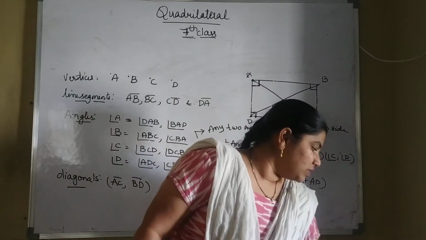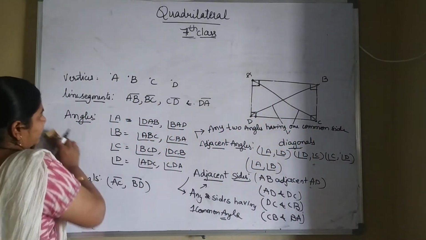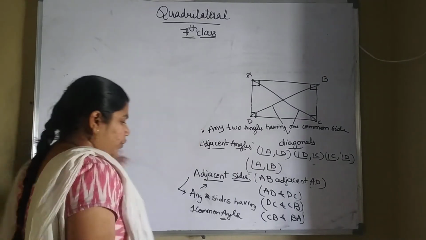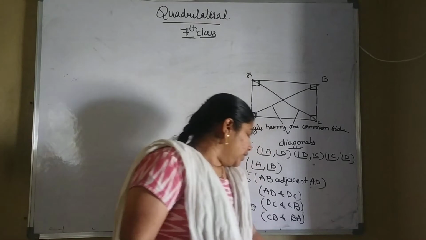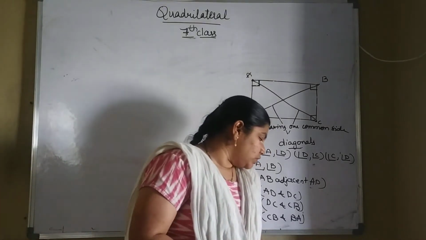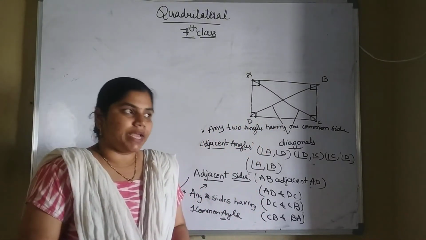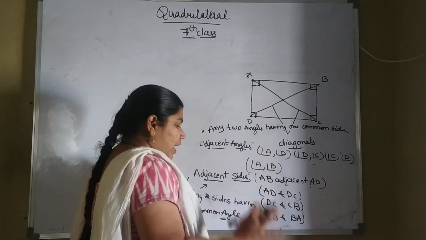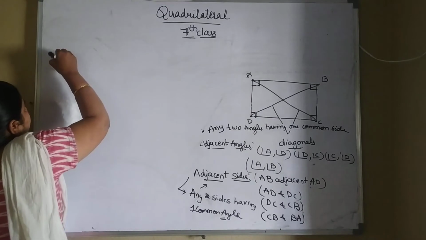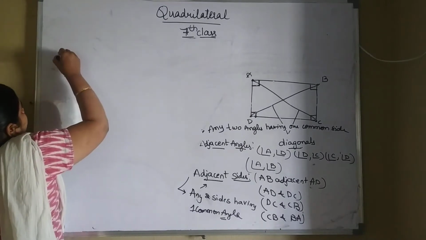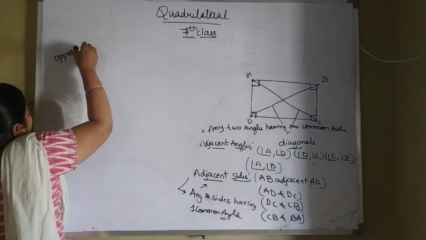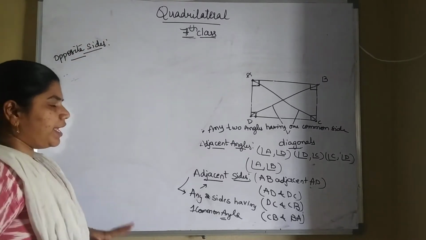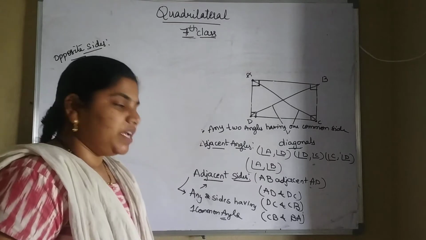Now coming to opposite sides. What do you mean by opposite sides? The two sides of a quadrilateral which do not have any common vertex. If they are not having any common vertex, we will call them opposite sides.